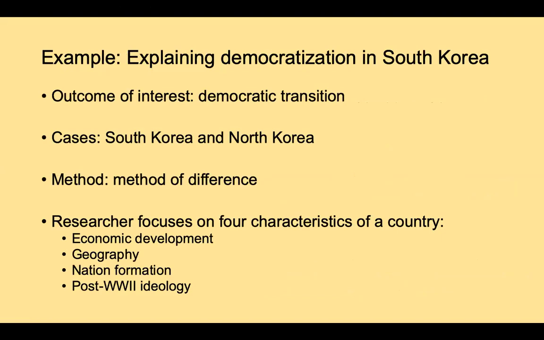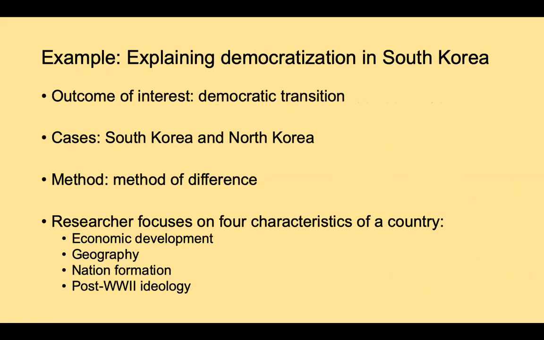But let's now focus on a different example, and that is the example of South Korea and democratization in South Korea. Now, our outcome of interest is a democratic transition, and our cases are South Korea and North Korea. And again, we're using the method of difference.